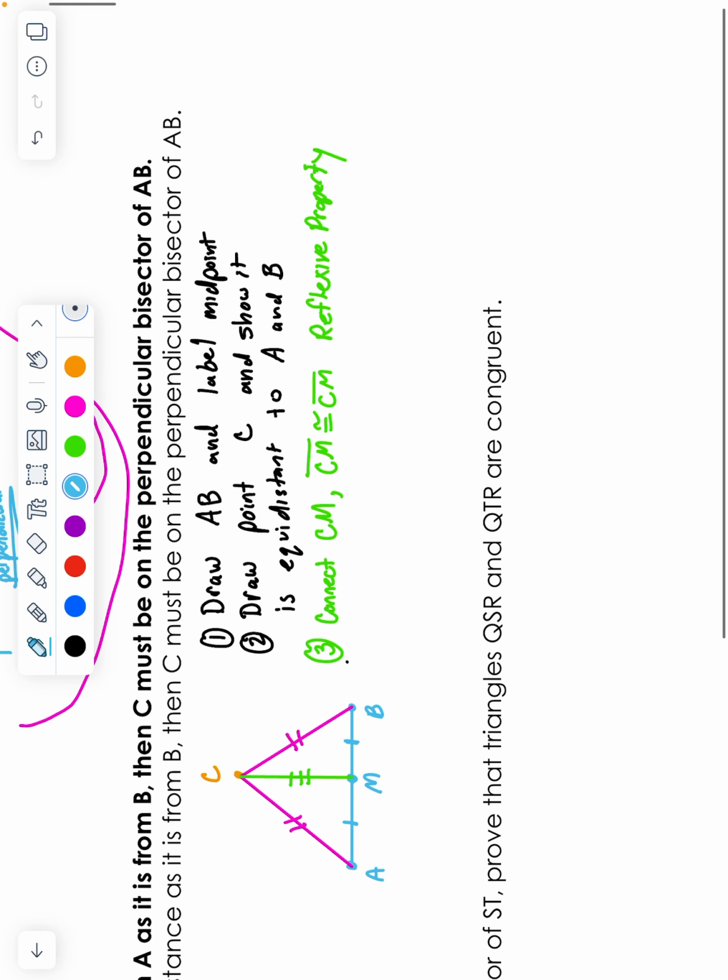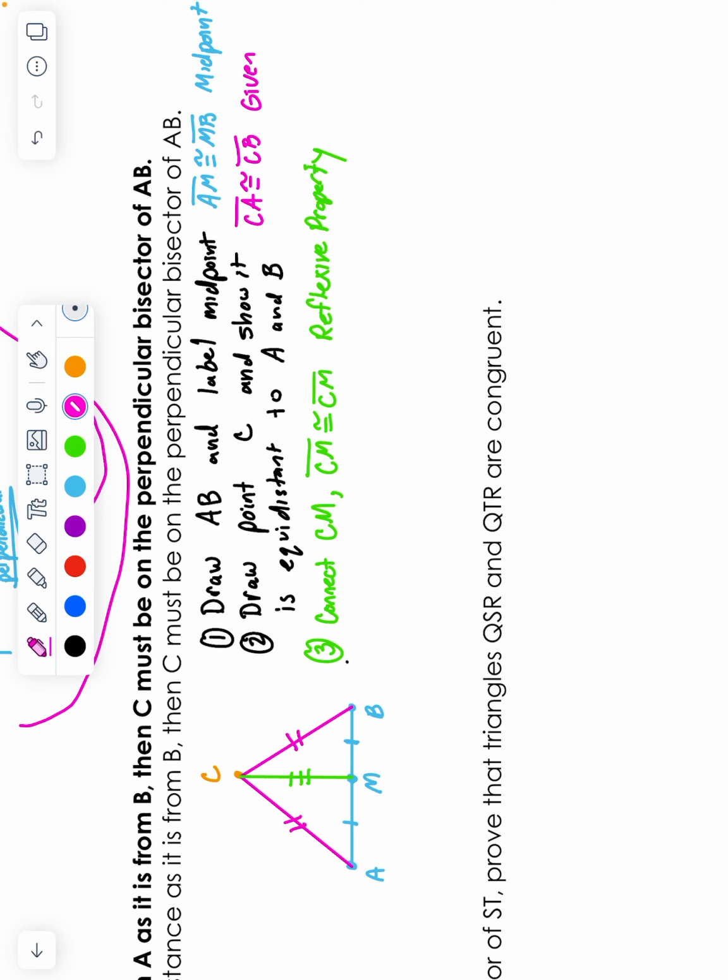I could have done this up here. When I drew the midpoint, AM is congruent to MB, just because it was the midpoint. We're allowed to find the midpoint of any lines that we want. Over here, given information was CA is congruent to CB.